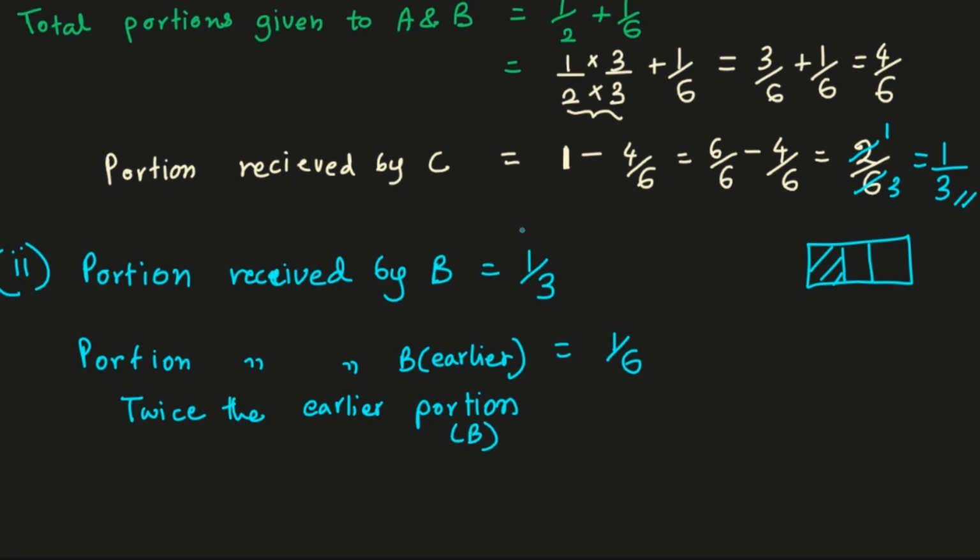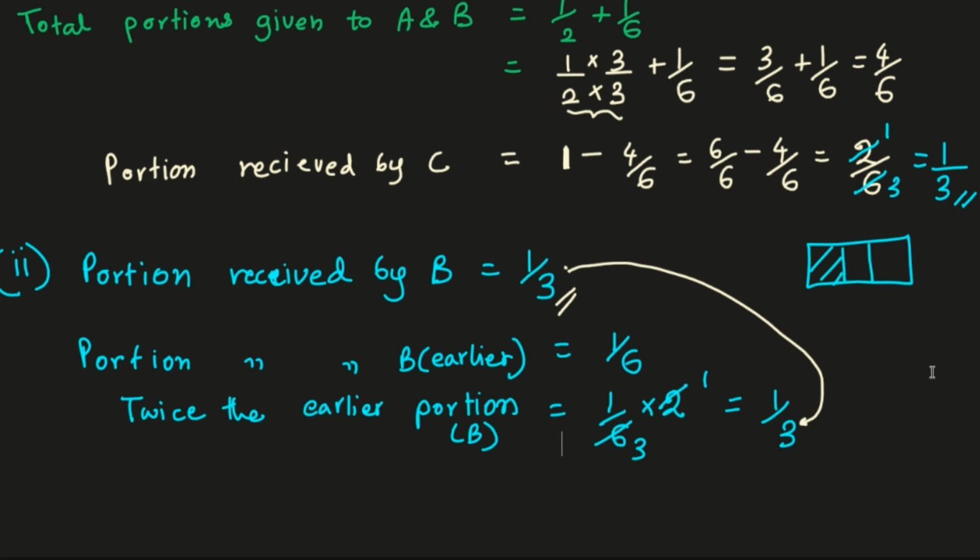received by B, what do you have to do? How do you calculate it twice? You have to multiply the value by 2, right? So both the numerator and the denominator are divided by 2. So 1 upon 3 is the answer. So it is clear that the newly received portion equals twice the portion that person B received earlier.